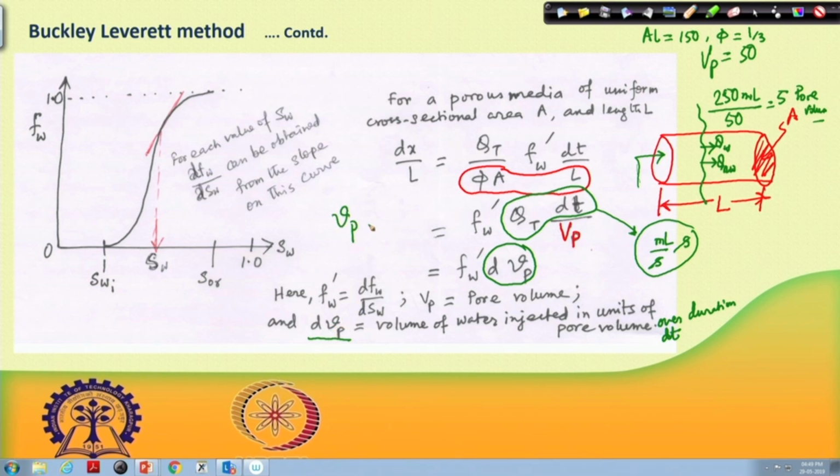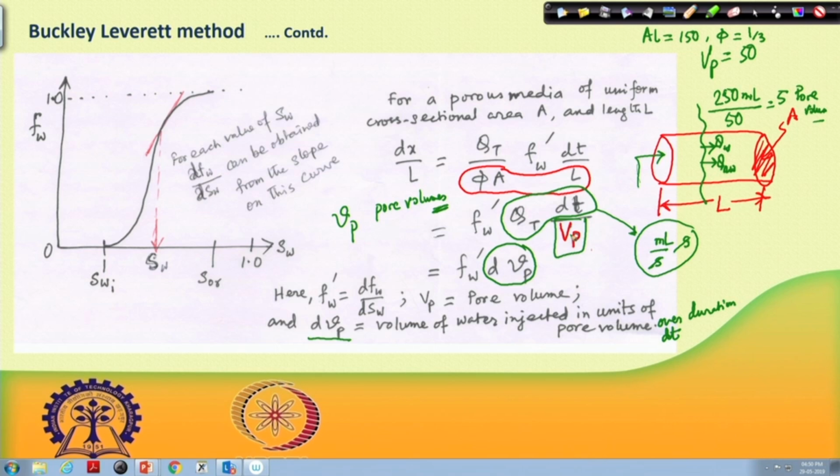So, mind it, in subsequent exercises we will write small Vp. This would be the pore volumes. Probably the best way to express it is, you remember, Vp pore volumes. When you see these volumes, that means I am talking about injecting 5 pore volumes, whereas if somebody said only pore volume, no s, that means we are talking about capital Vp, which is basically the void volume.